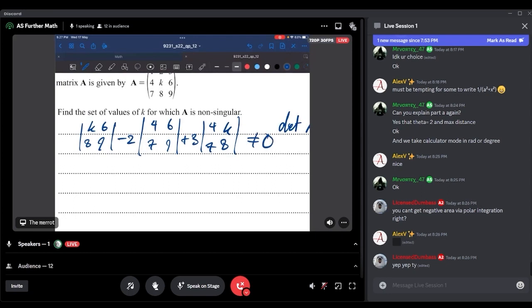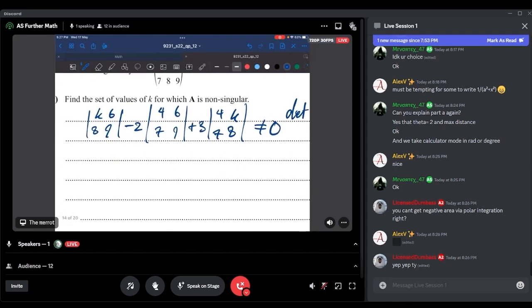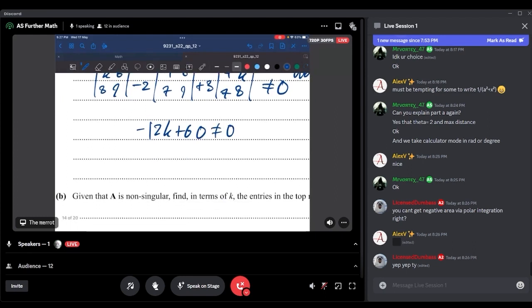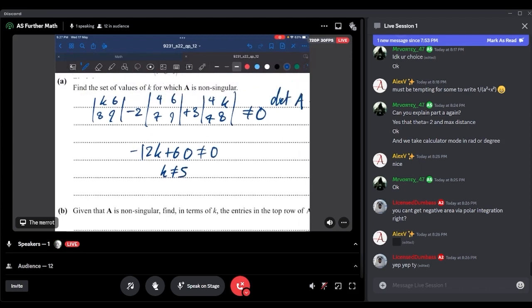And we don't want this to be equal to 0, so not equal to 0. Simplifying the left-hand side, I'm not going to do it by hand. You guys know how to do it. It'll become negative 12k plus 60, which is not equal to 0. So that means k cannot be 5. Just solving the unequation.